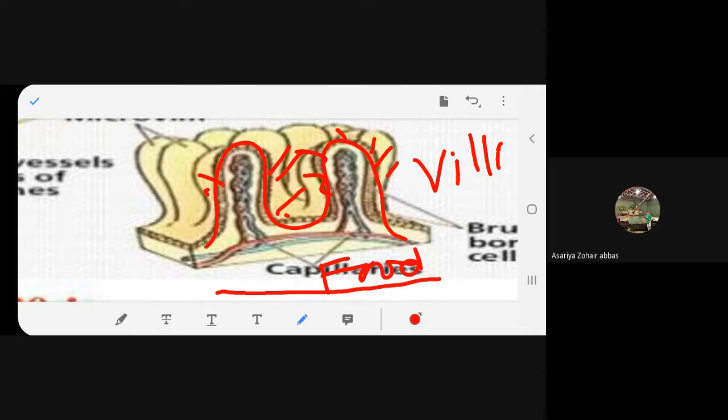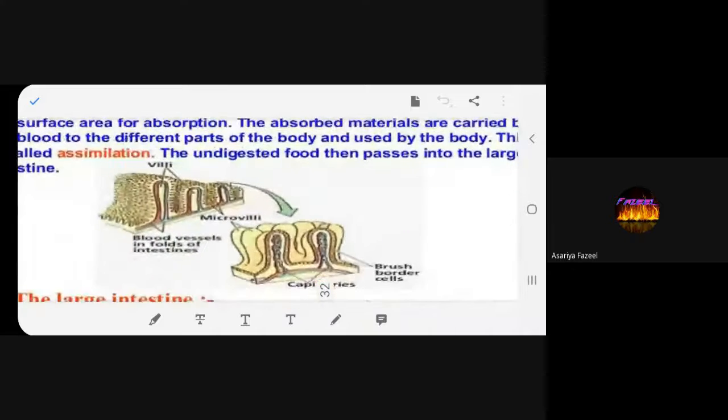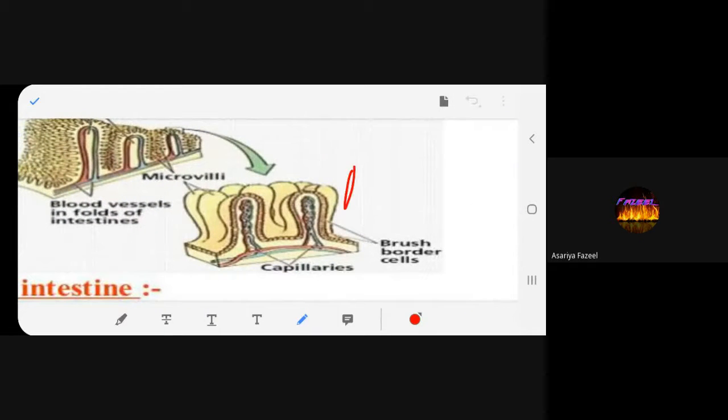Whatever is absorbed is taken up by the villi. Whatever is not absorbed is pushed to the large intestine. Is that much clear? So what is happening over here?